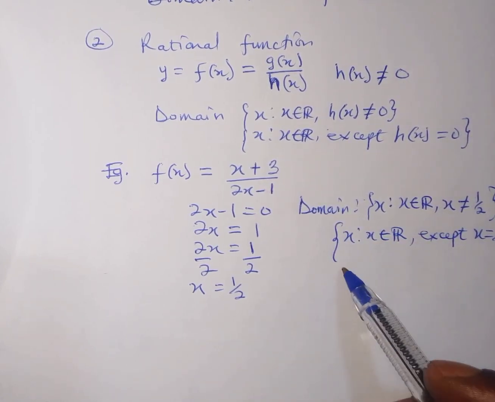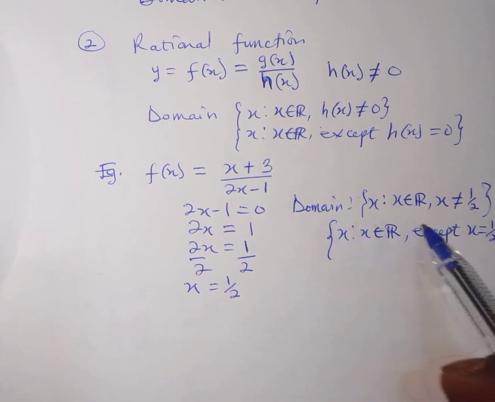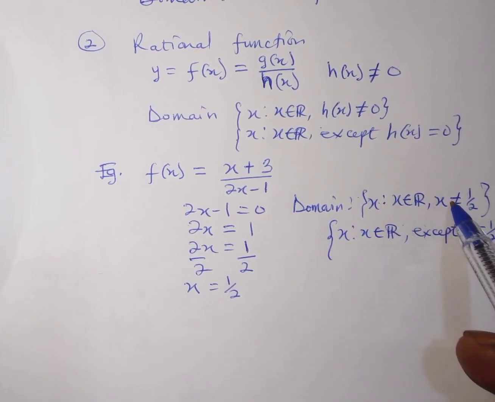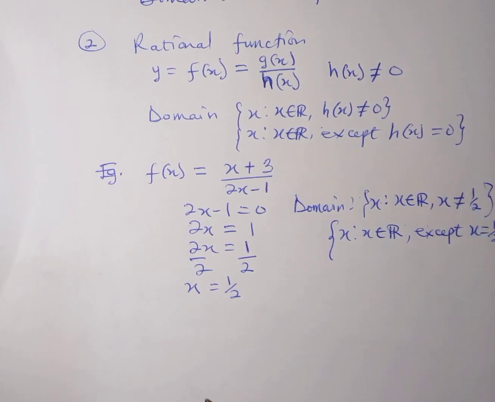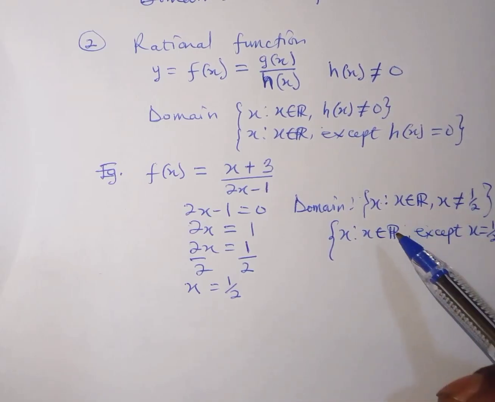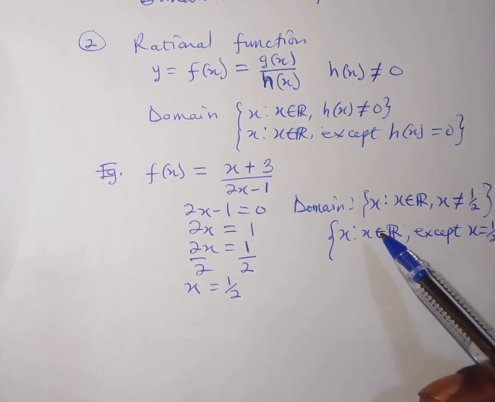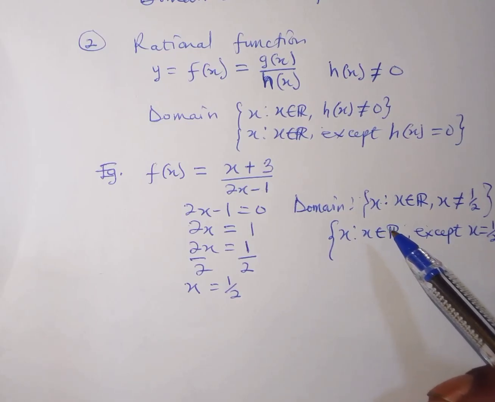So you see how I've written the two domains. Either you write it like this, and if you are bringing this, then don't bring the except. If you are not bringing this, then you bring the except. Okay, so that is how to find the domain of a rational function.